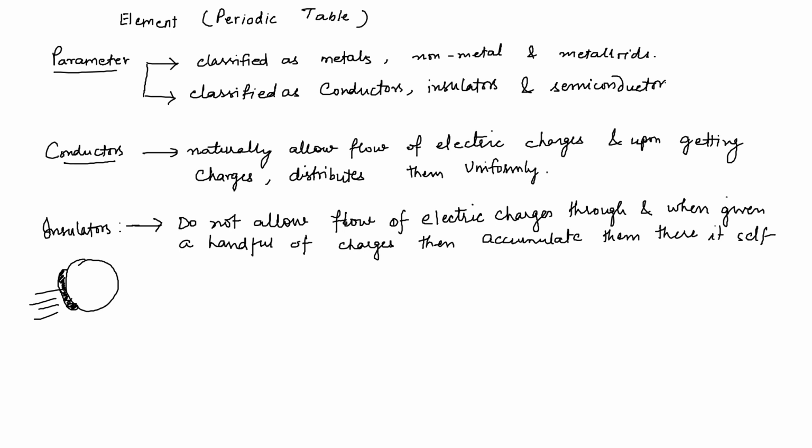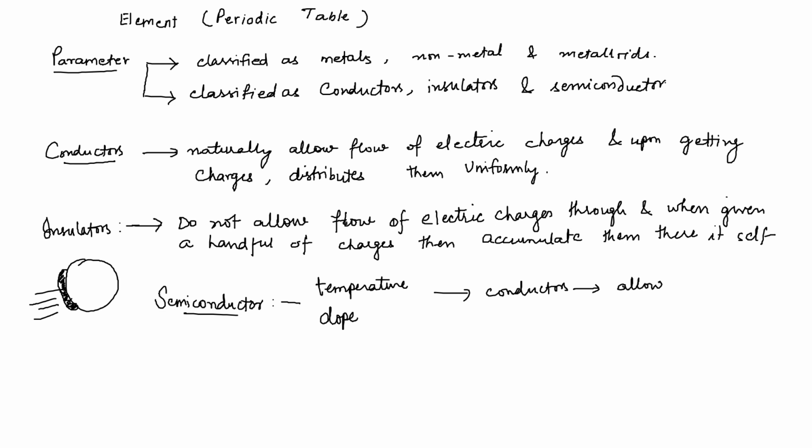Now semiconductors. As the name suggests, they are in between conductors and insulators. They behave as conductors in special cases, like when we increase the temperature or when we dope these semiconductors, they will behave as conductors and will allow passage of electric charges.